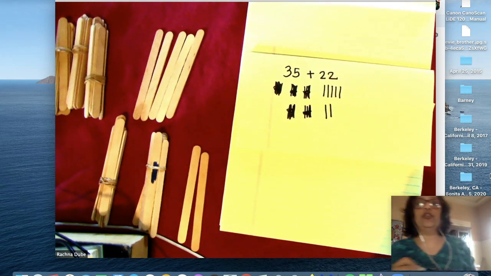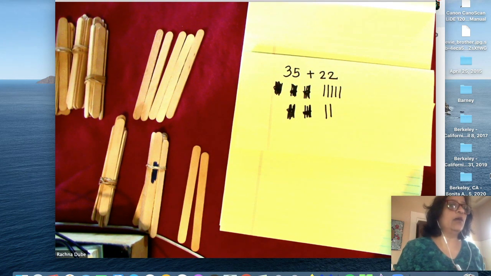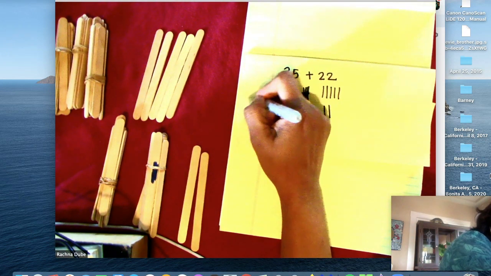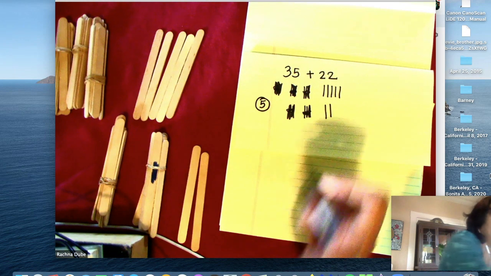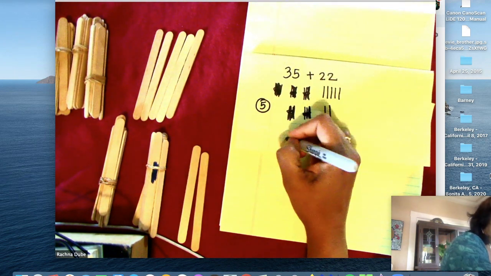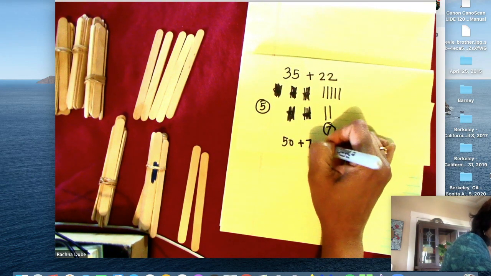You could actually just draw that, and that would work, because otherwise, if you're doing tally marks, that would take a long time. So now you know that it's like 5 bundles of 10 and then 7 ones, right? And that would be 50 plus 7 equals 57.